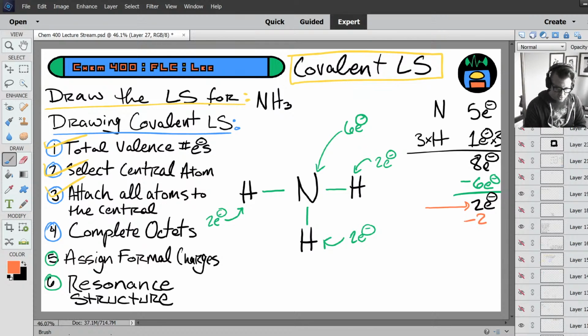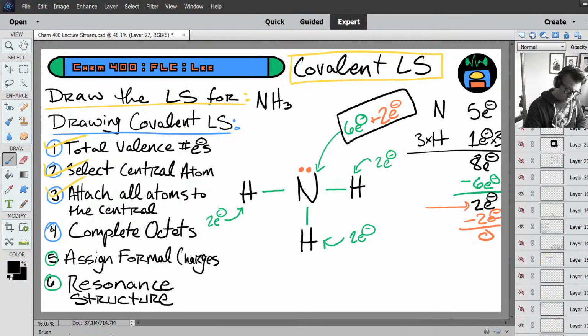We're taking our 2 electrons and giving them to nitrogen as a lone pair. So nitrogen still has access to the 6 electrons in those 3 bonds, but now it also has the 2 electrons in its lone pair, which adds together to 8, right? 8 valence electrons.